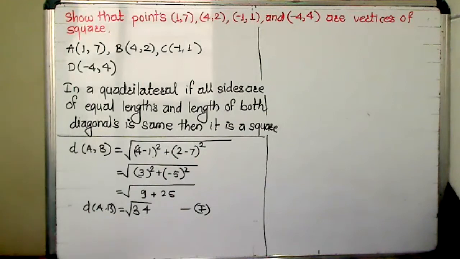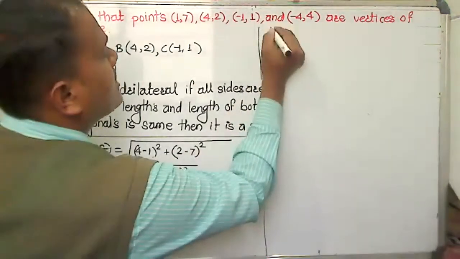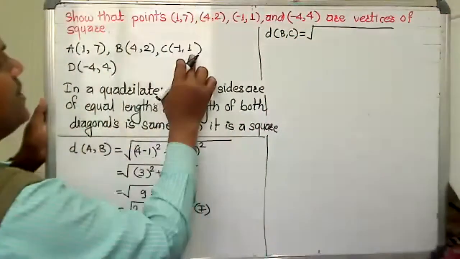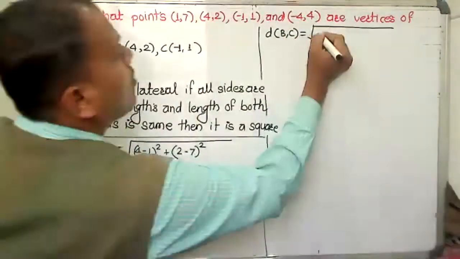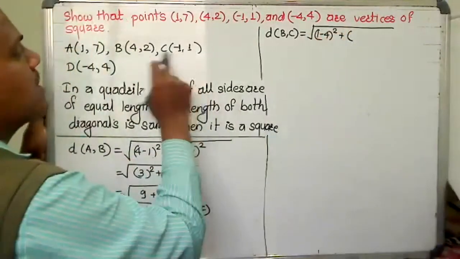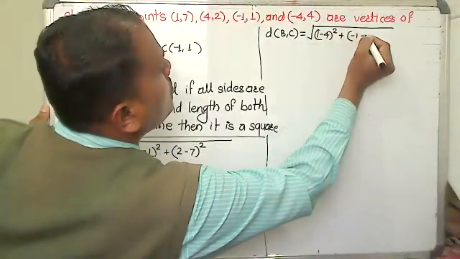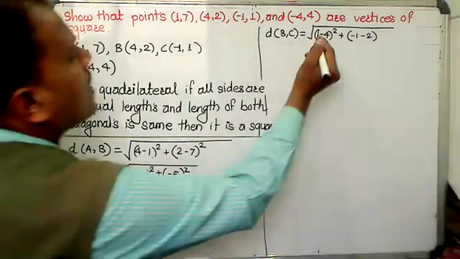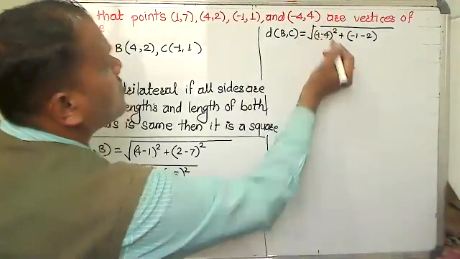Now distance BC. Distance BC is (-1 minus 4) squared plus (1 minus 2) squared. Sorry, the value of this is 1.